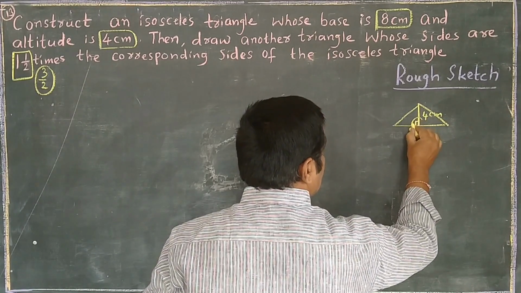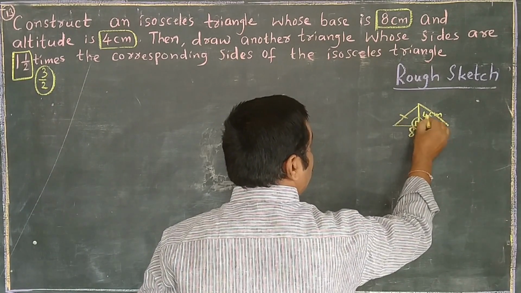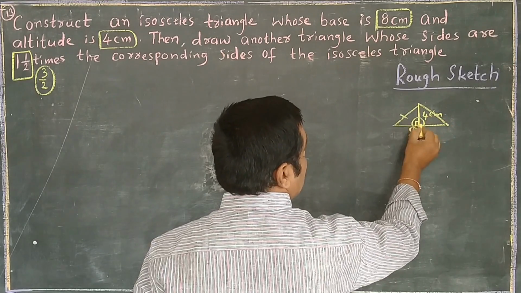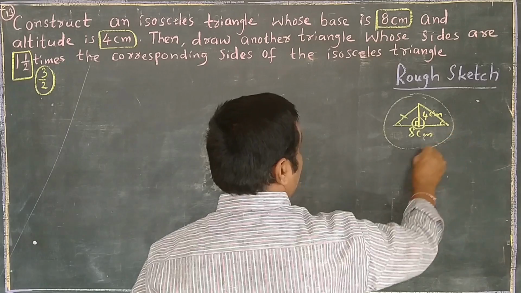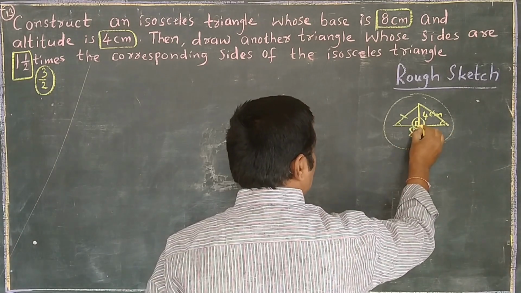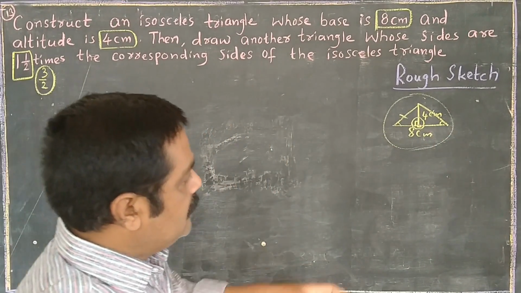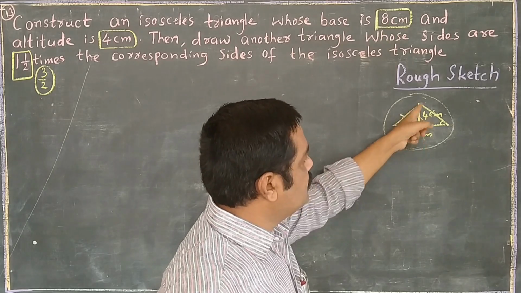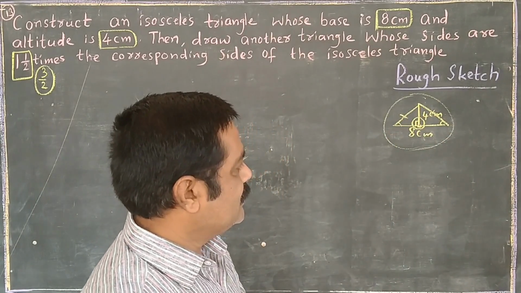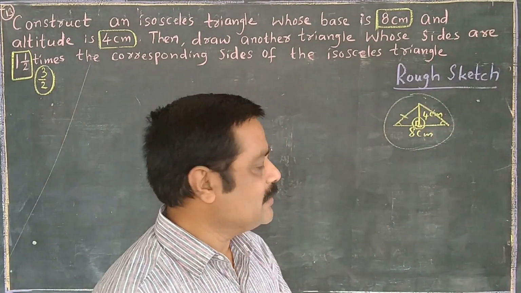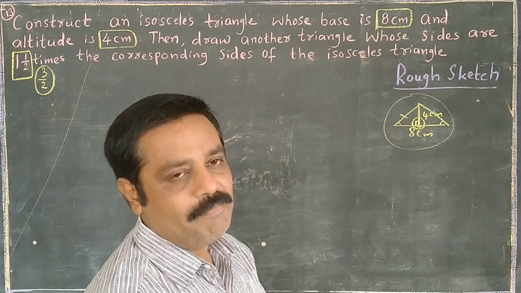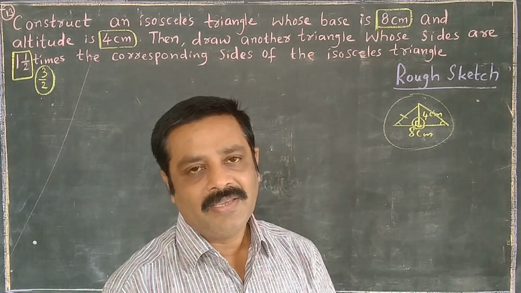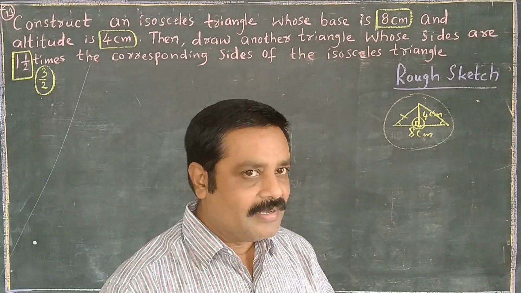For an isosceles triangle, if these two sides are equal, then these two angles are also equal. The midpoint forms a right angle in an isosceles triangle. So how to construct it is very simple: you must draw the perpendicular bisector of that base.